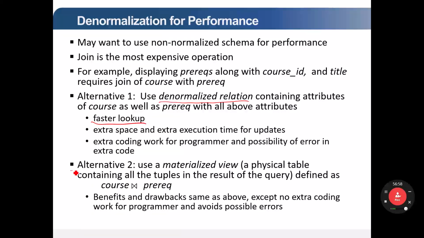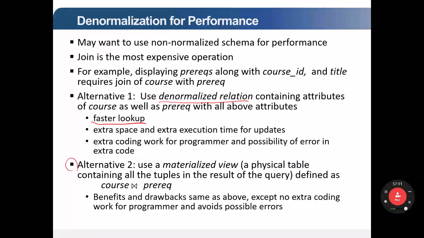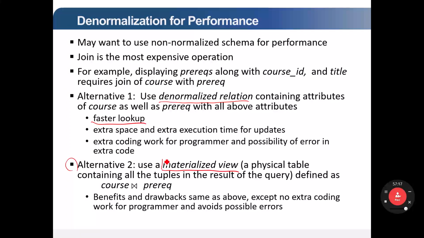And there's an alternative. Suppose you designed good tables, well decomposed tables. You found that these tables are joined too frequently and that makes applications run slow. In that case, you can build a materialized view. What is a materialized view? A materialized view is an intermediate output table.